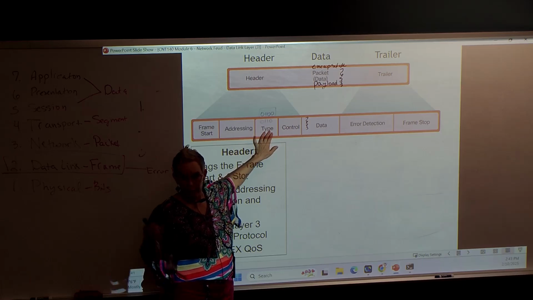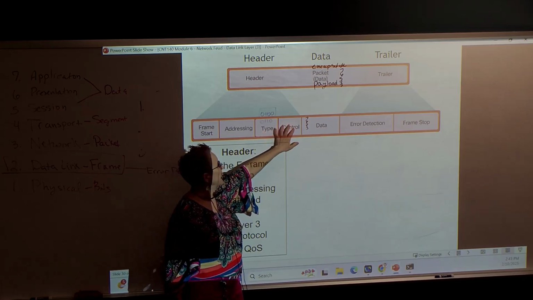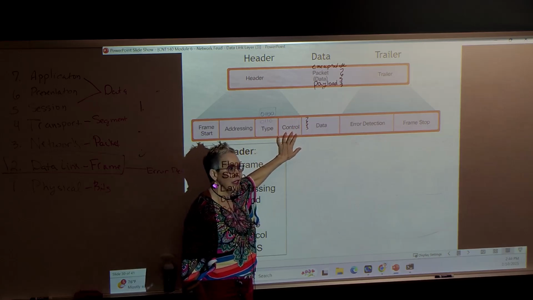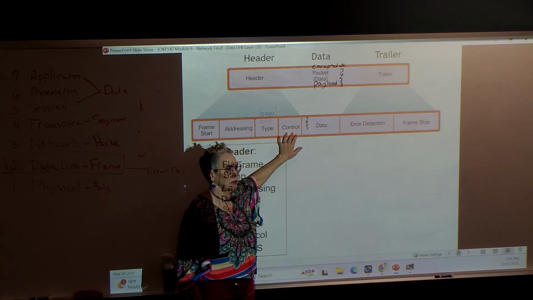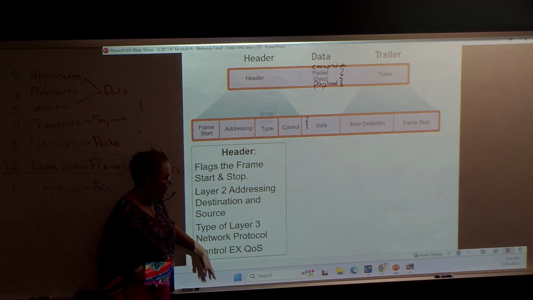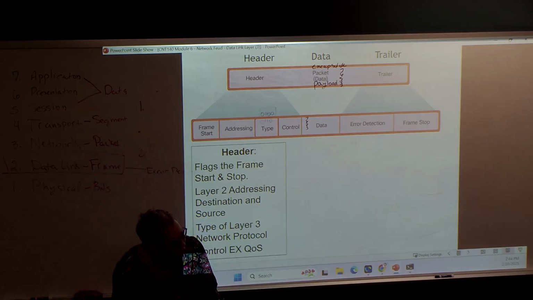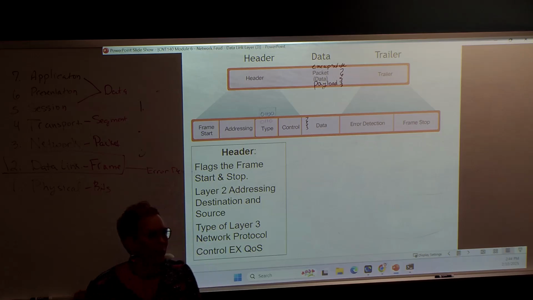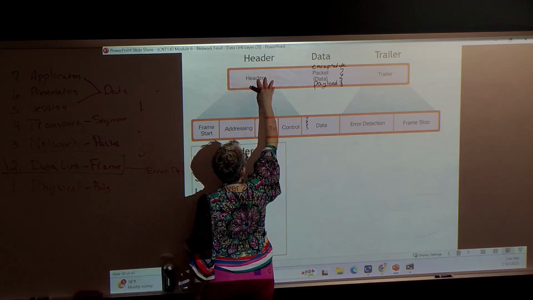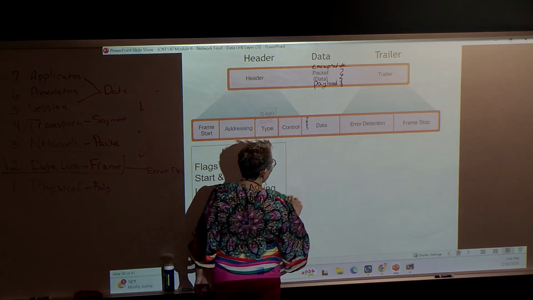The LLC. And this section of the control, what sublayer would it be associated with? The MAC, right? It controls placement onto the media. So the type helps the LLC and the control helps the MAC.